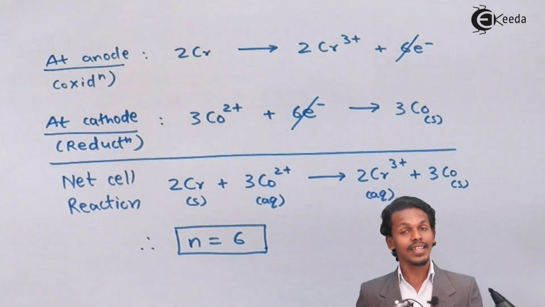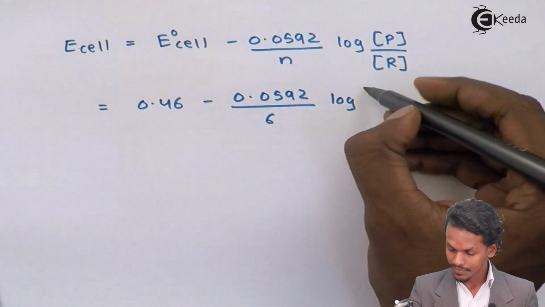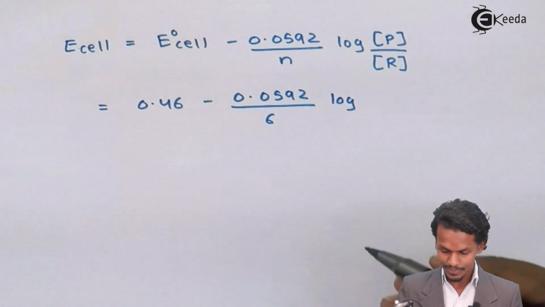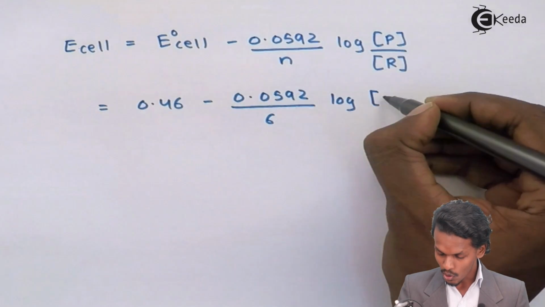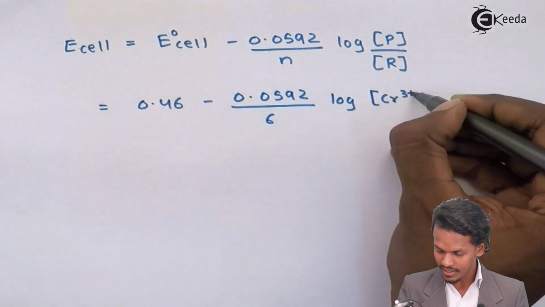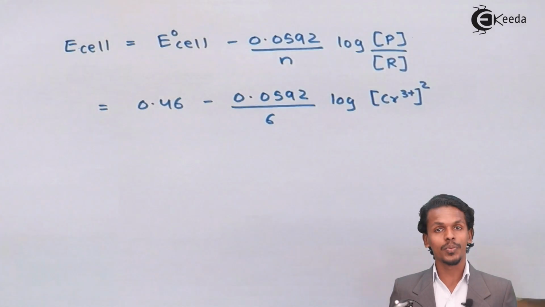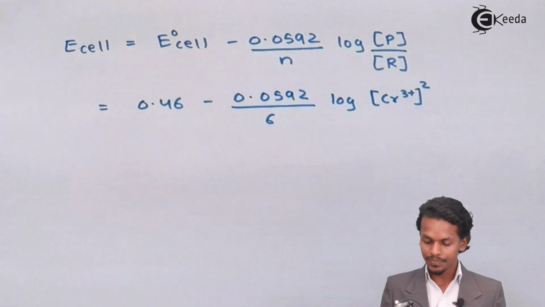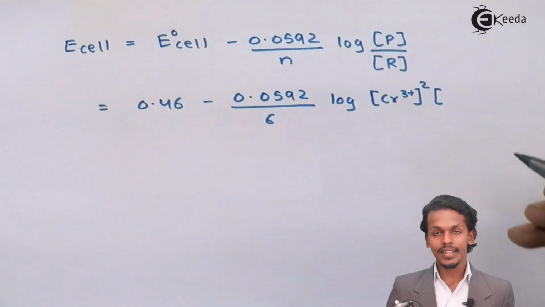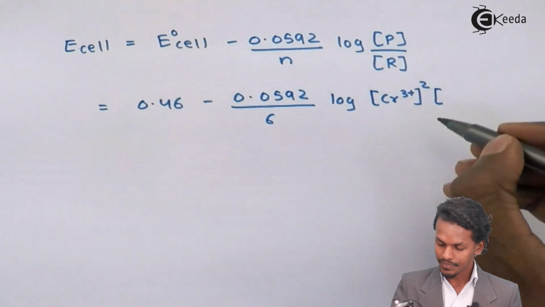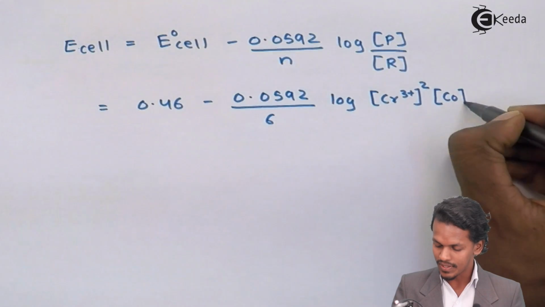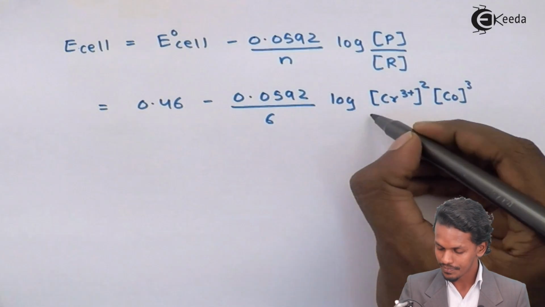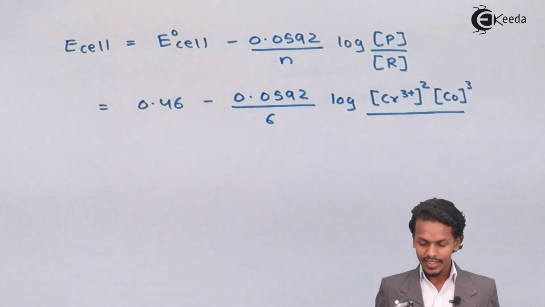By the law of mass action, we could represent this as concentration of Cr3+ raised to 2, because the number of moles of chromium 3+ is 2, multiplied by the other product, cobalt, which has a stoichiometry of 3 moles, divided by the reactant.